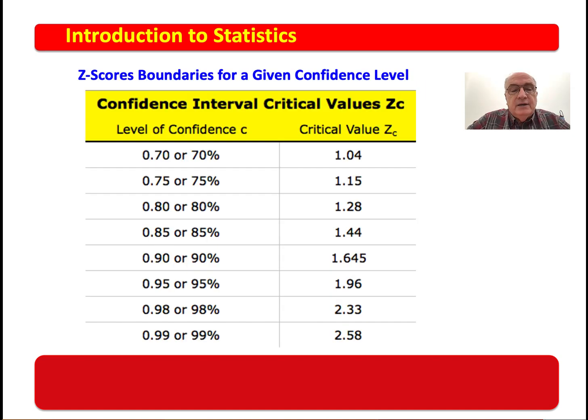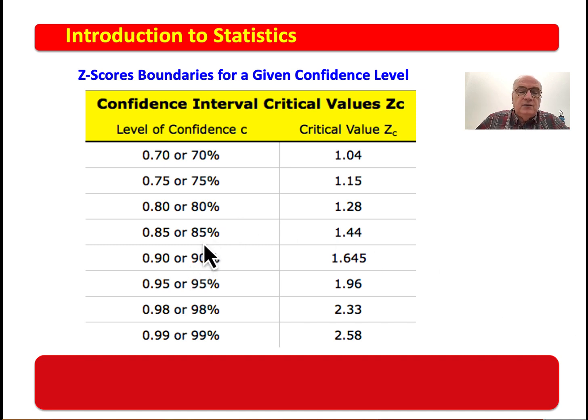Now, here again I've given you the confidence interval table. The critical values of Z confidence, you notice that we call that Z confidence, for 70% is 1.04, 75% is 1.15. Most of the time, we're going to be using confidence levels of 90%, 95%, or 98%, sometimes 99%.